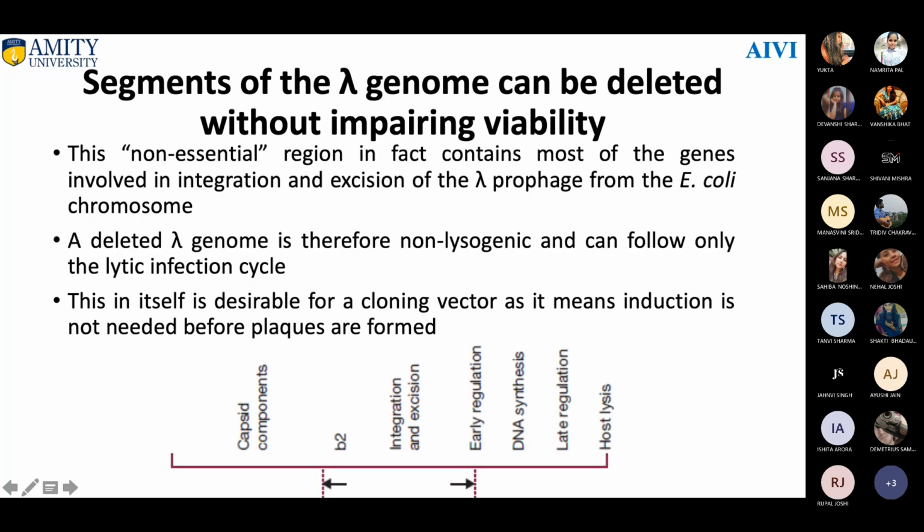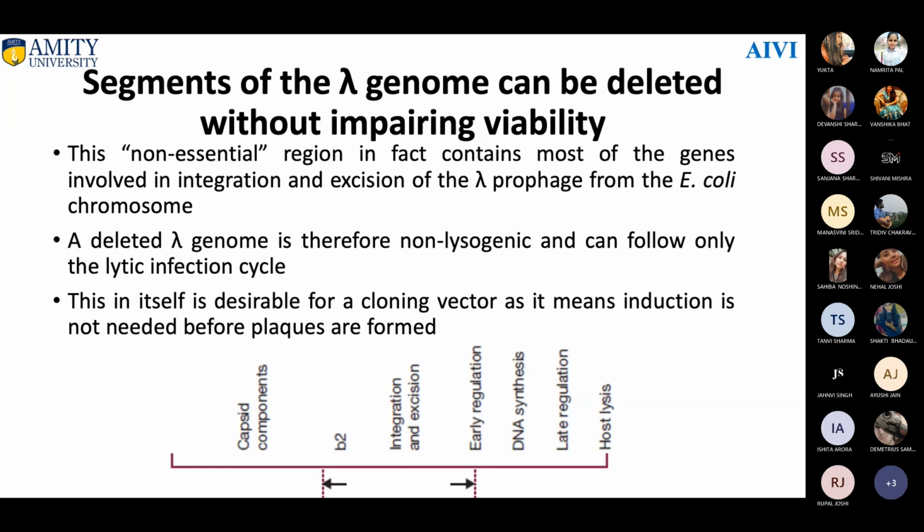The non-essential region in fact contains most of the genes involved in integration and excision of lambda phage from E. coli. This is not an essential property for us. That is called the prophage, meaning the lambda phage gets inserted within the host genome. This insertion is not essential for us, so the insertion and excision functions of the prophage are deleted. The deleted lambda genome is therefore non-lysogenic.